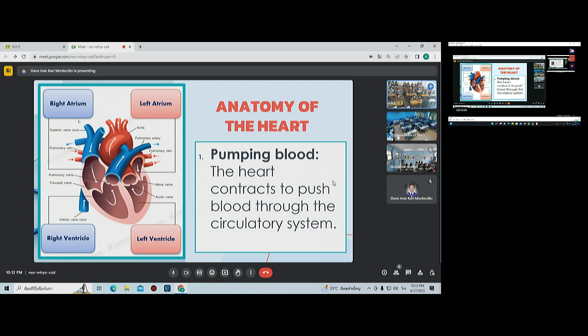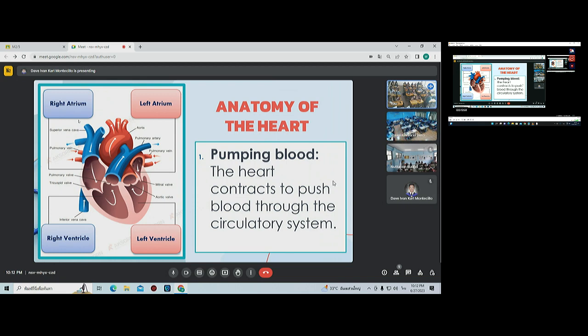Okay, this is how blood flows in the heart. Just look at me. Here. You know oxygenated, right? Oxygenated blood enters the pulmonary vein, going in, and enters the left atrium.